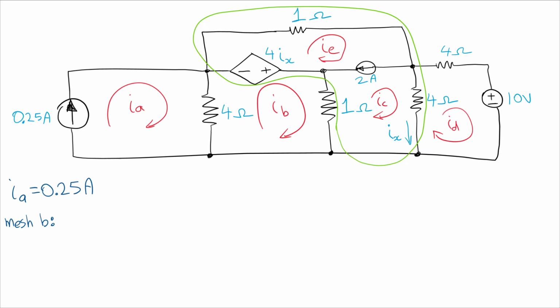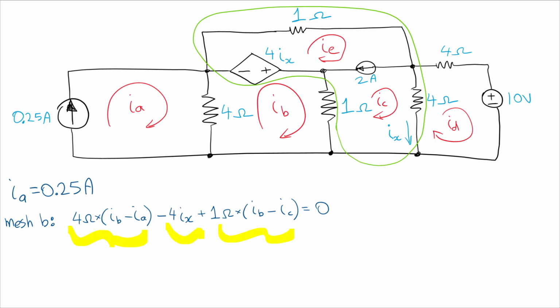Let's do the equation for mesh B, which is associated with the IB mesh current. What does that equation look like? Now, when we're making our mesh equation, we're considering all of the terms within it to be voltages. So this is a voltage, a voltage, and a voltage. How do we get that? Let's say I'll use maybe my dark blue.